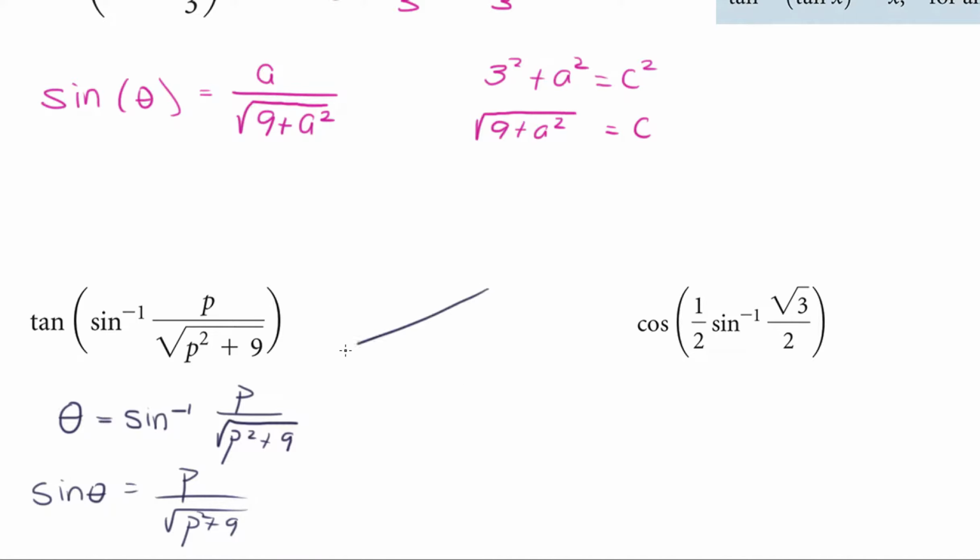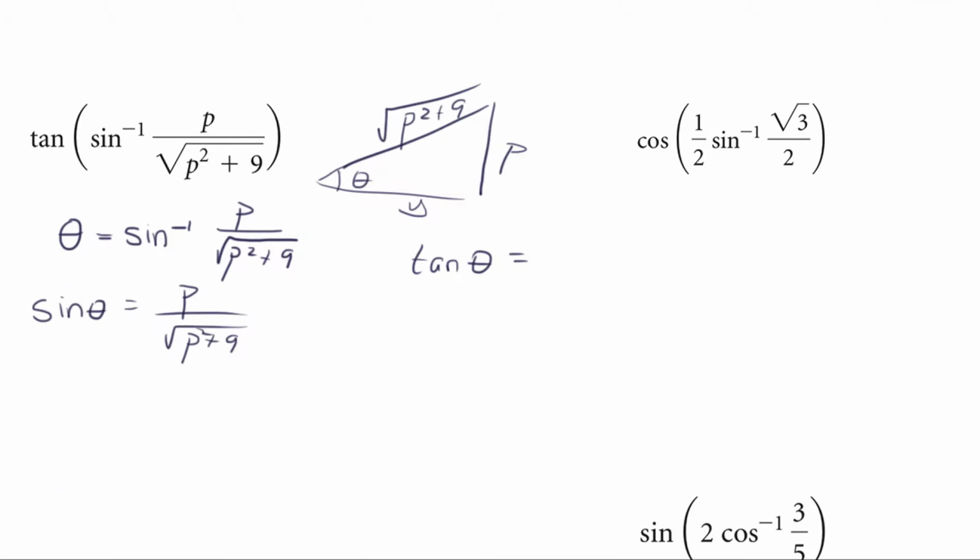Now we create a right triangle. We write theta there. Theta is opposite over hypotenuse. Now we're looking for tangent of theta. Well, what would I need for tangent? I would need the adjacent. So let's call this guy y.